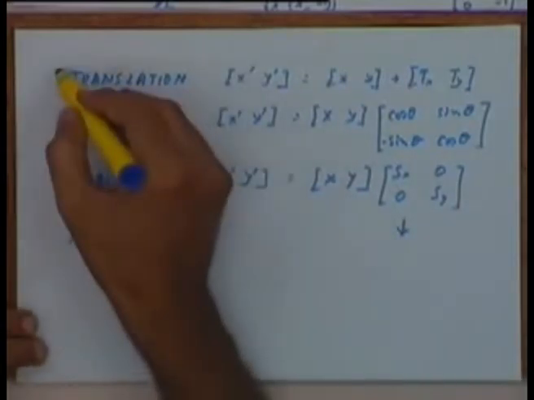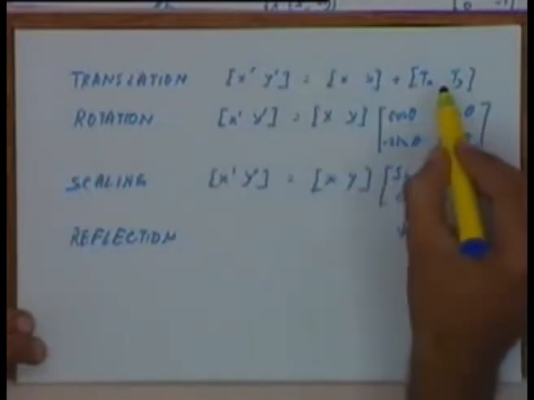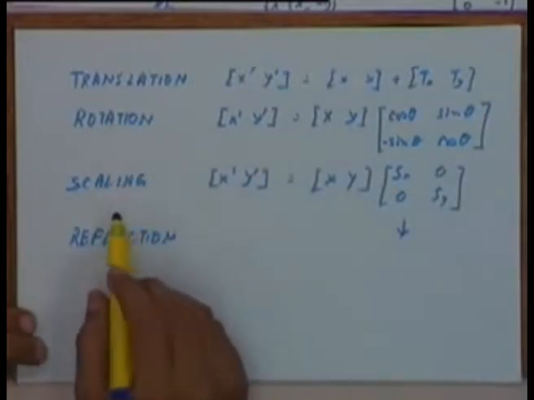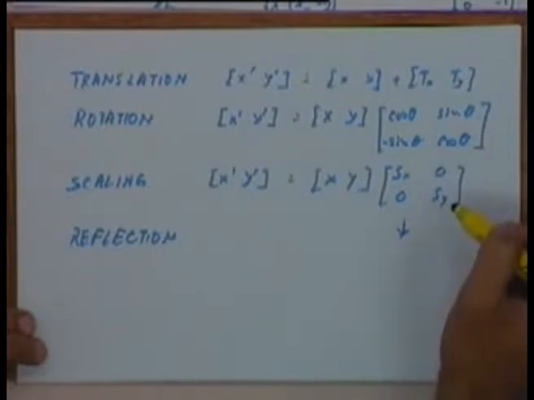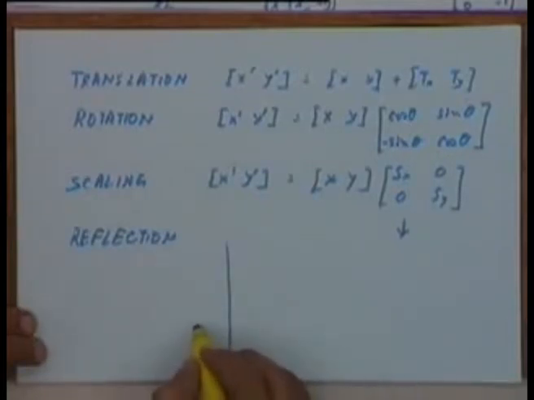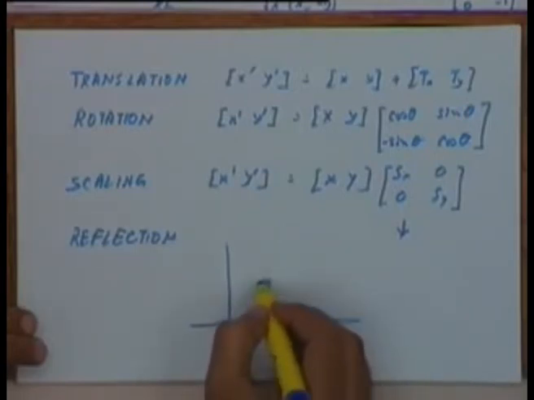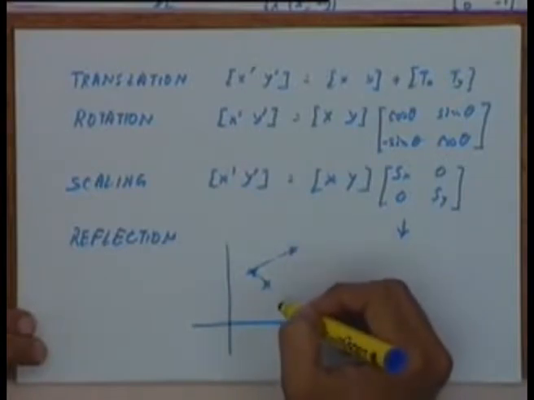Now in these three basic operations, if you notice, translation is captured by the addition of two matrices, while both rotation as well as scaling are captured by multiplication of two matrices. And multiplication is definitely more convenient because let us say if we take any point in this coordinate system, we first want to rotate it about the origin, we get this point, then maybe we want to translate it and go to the third point.